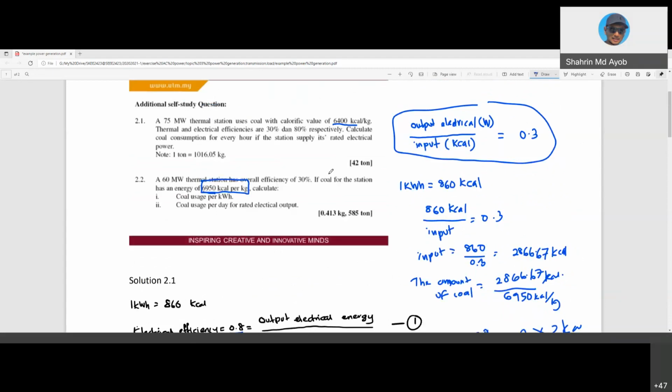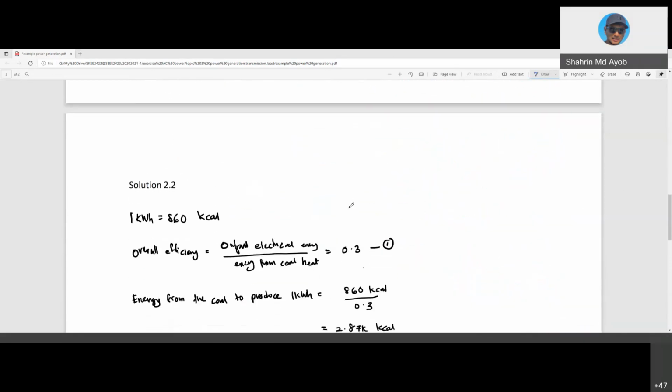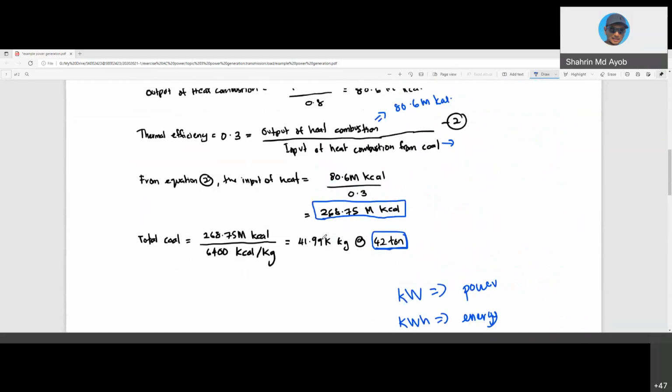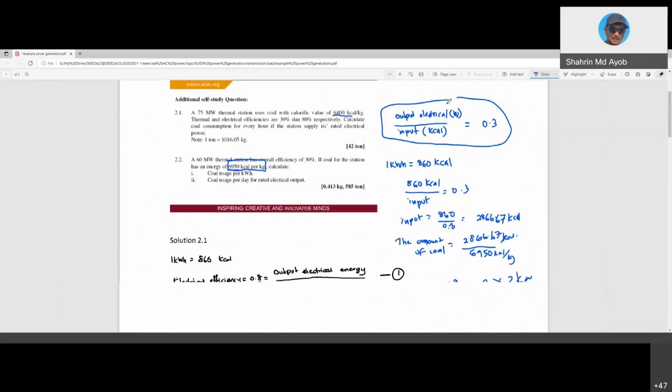So I hope you can calculate and get the answer 0.413 kilogram. The solution is already here, so you can refer back. I just want to discuss how the solution is made.